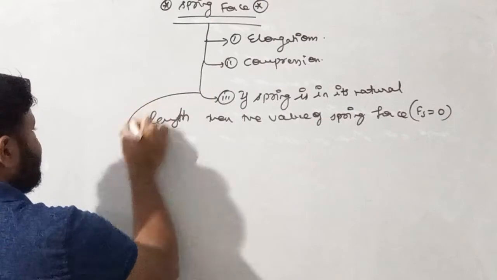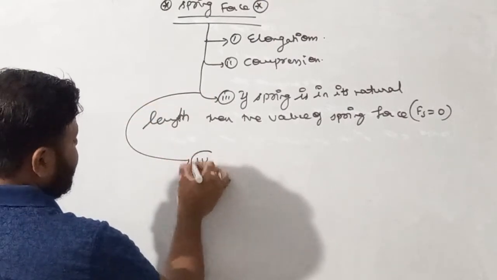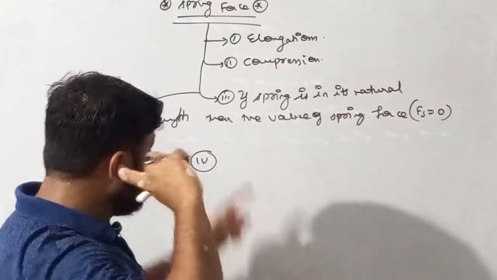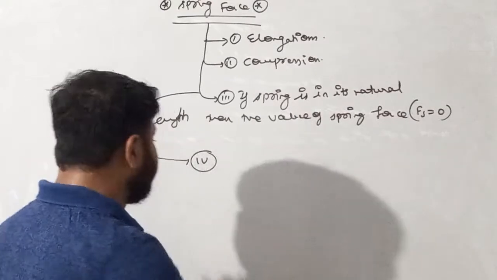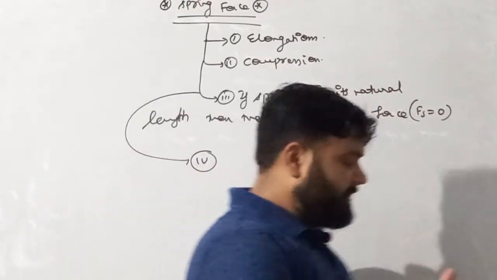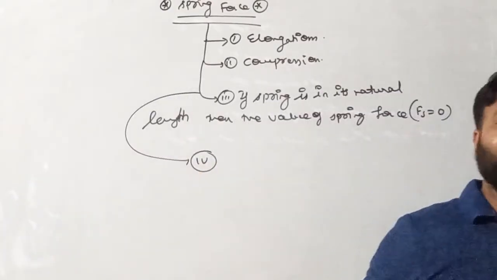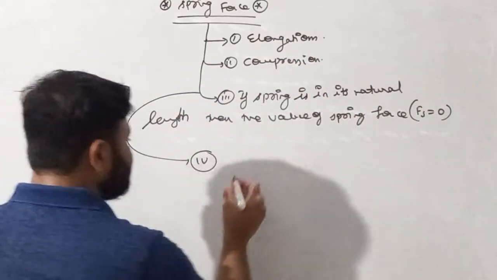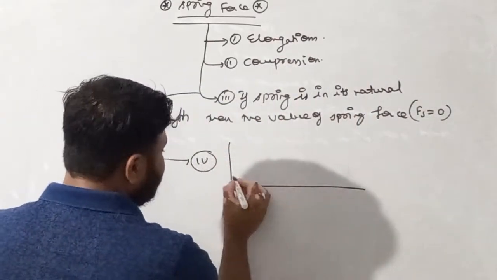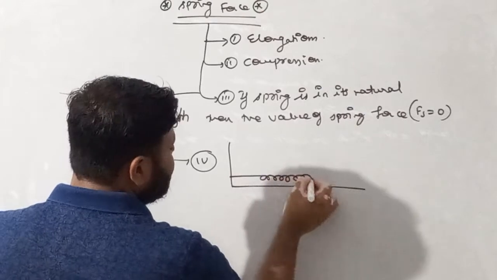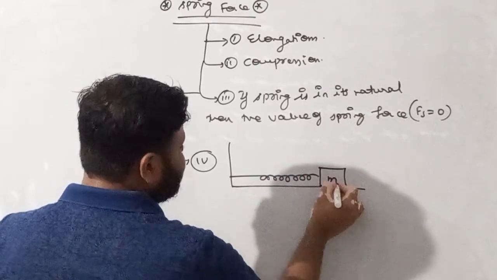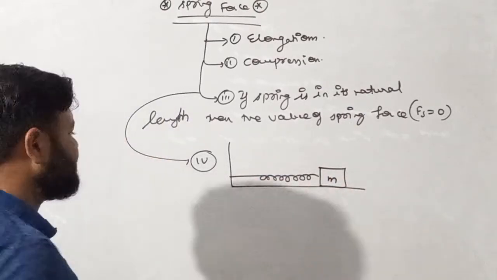Write down the next point, the fifth point, which is very important. According to me it is fourth, but in your notebook it is fifth. Let's suppose we have a spring attached to a block whose mass is m.